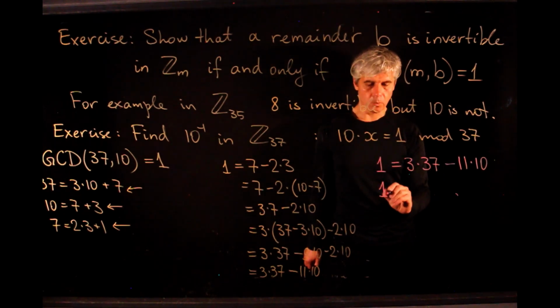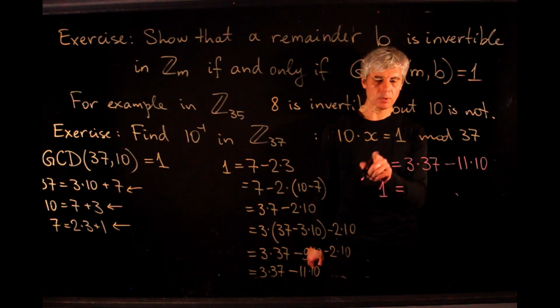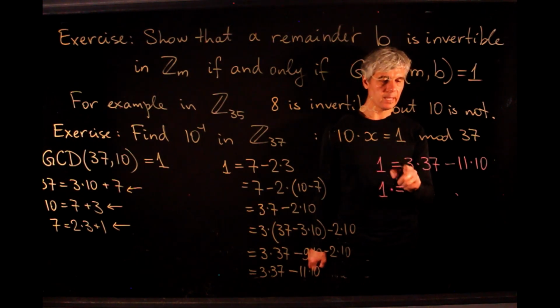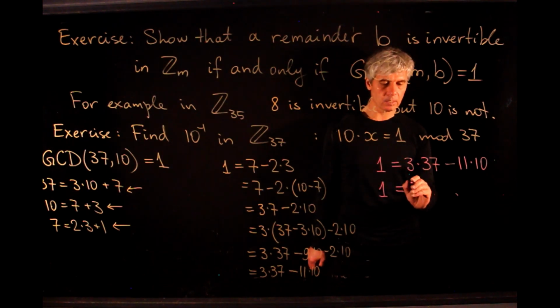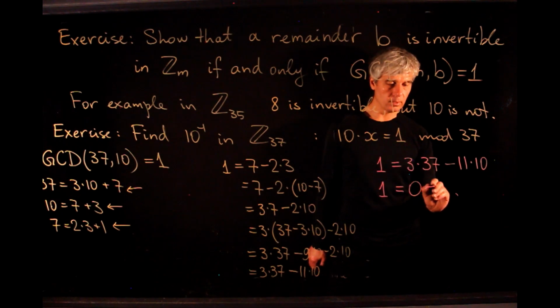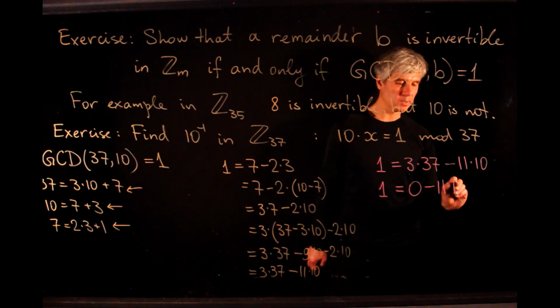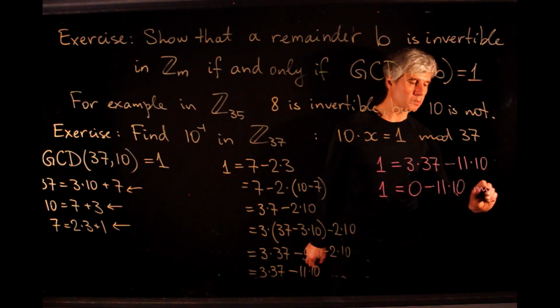So here we have 1 on the left, right? So the remainder of 1 is 1. Now, here we have a multiple of 37. So this means that the remainder of this is going to be 0 minus 11 times 10. Now this is mod 37.